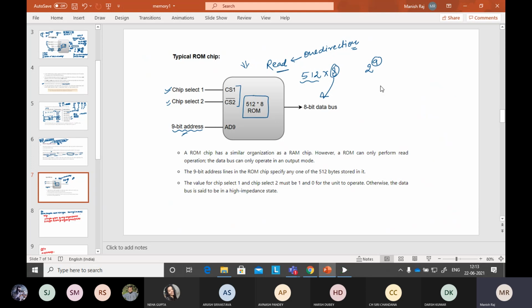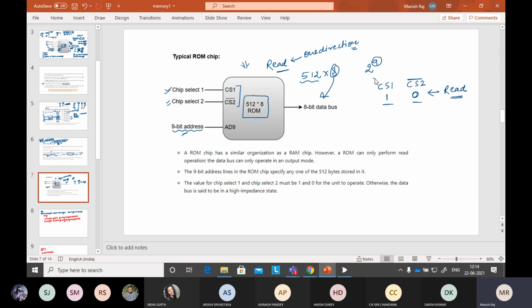If I am selecting CS1 and CS2 bar, if I am putting 1 and 0 here, it means you are doing the read operation here only. There is no other read signal, and you are putting 1.